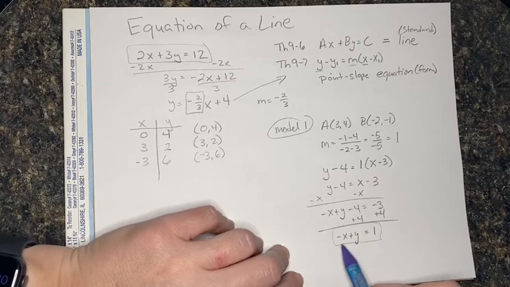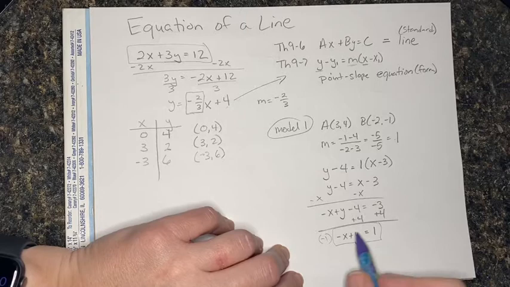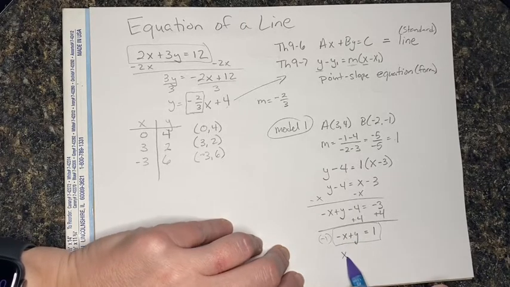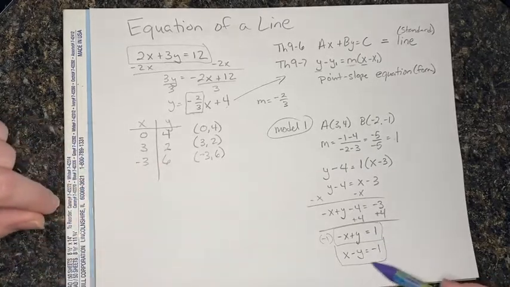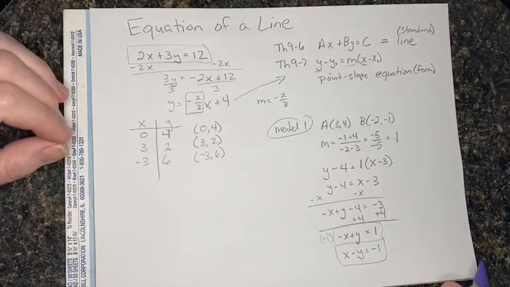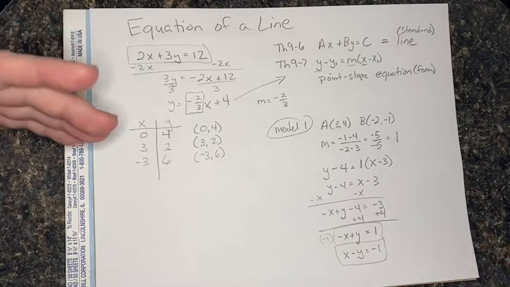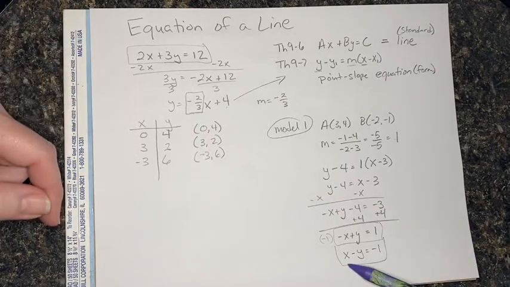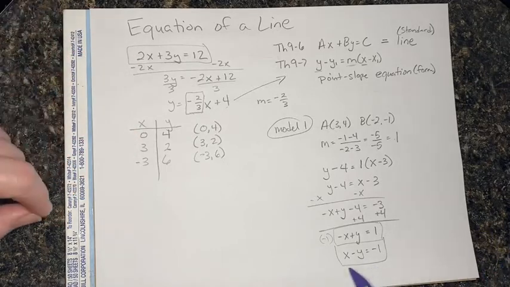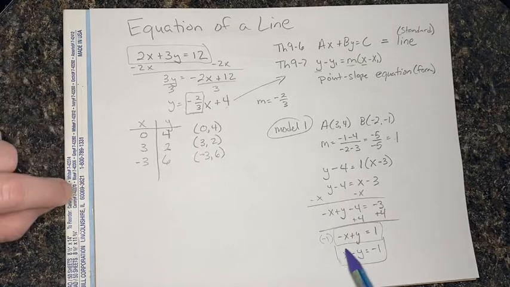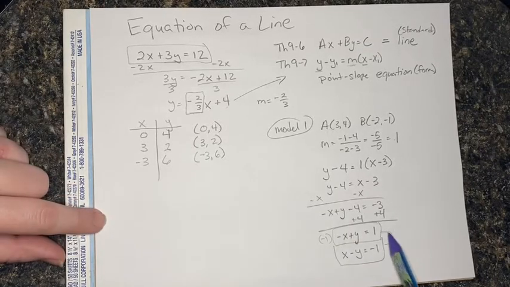So to do that, basically you would just multiply the whole thing by a negative 1, right? So that would give us a positive x, a negative y, and a negative 1. These two things are the exact same line. Okay? That is the exact same answer. It's just that sometimes the book wants the x to be positive. They don't want it to start with a negative number. Okay? So know that, understand that these two things are exactly the same.